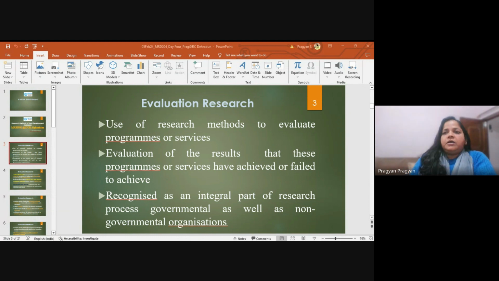Because sometimes logical understanding is not enough, logical validity is not enough, because social reality is very complex. It varies from society to society, and at the same time, it varies on the basis of their location, because there is a different kind of infrastructure, a different kind of access to institutes that are providing you health facilities, educational facilities, and employment generating activities.